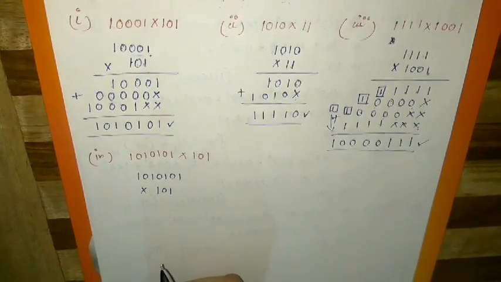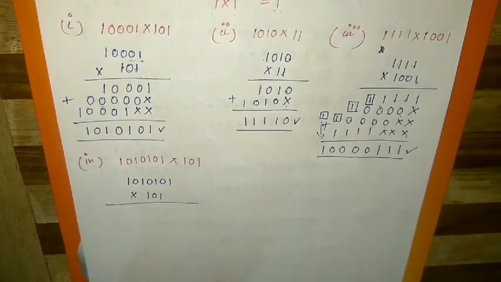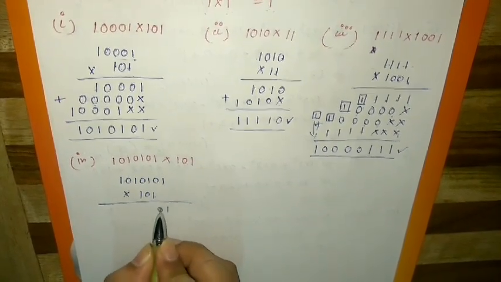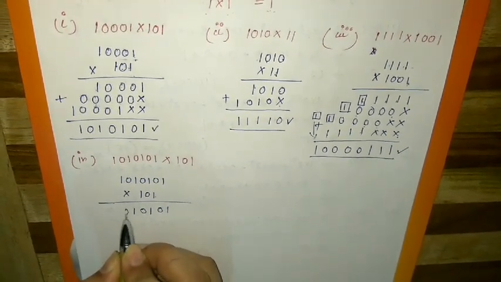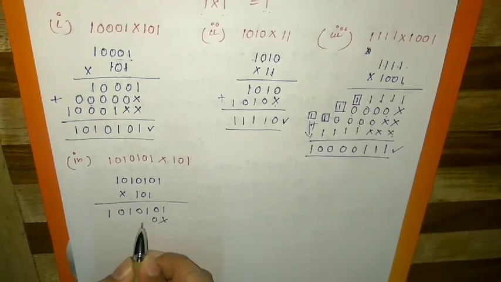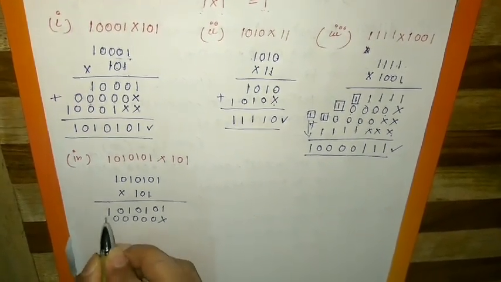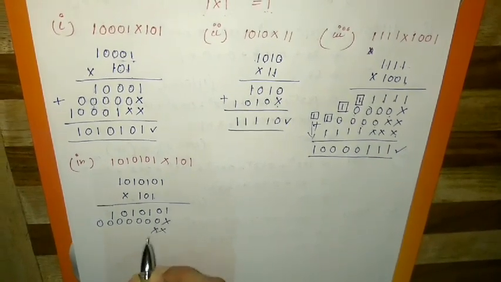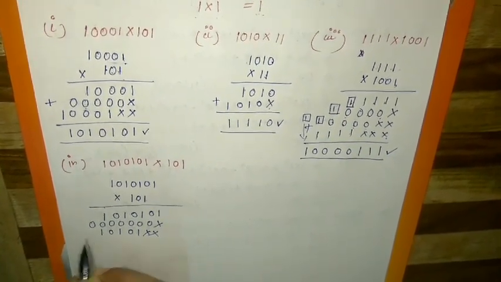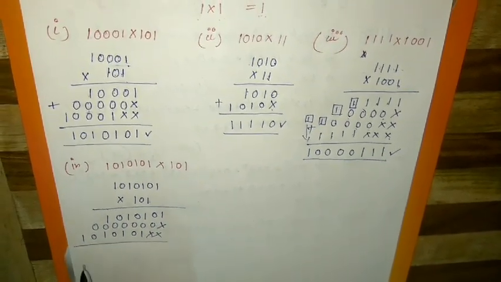Okay, firstly multiply this number with 1, so you will be getting 1010101. If you multiply this number with 0, you will be getting 0, 0, 0, 0, 0, 0, 0. Again, with 1, you will be getting 1, 0, 1, 0, 1, 0, 1. Now find out the sum.